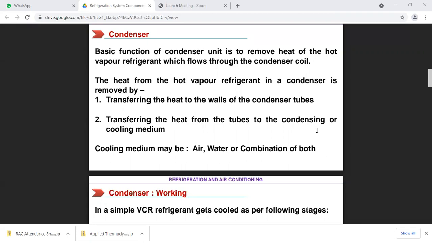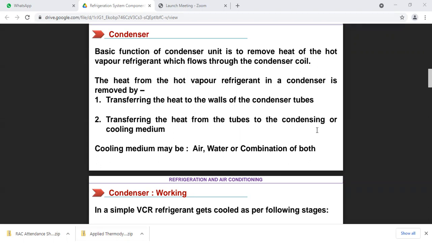As we know, the basic function of the condenser is to remove heat from the hot vapor refrigerant which flows through the condenser coil. The heat is removed by two methods: first, transferring the heat to the walls of the condenser tube, and second, transferring the heat from the tubes to the condensing or cooling medium.